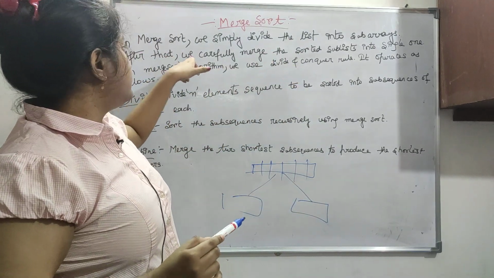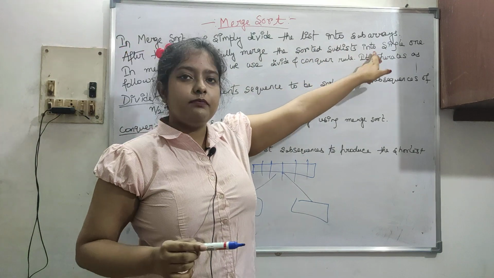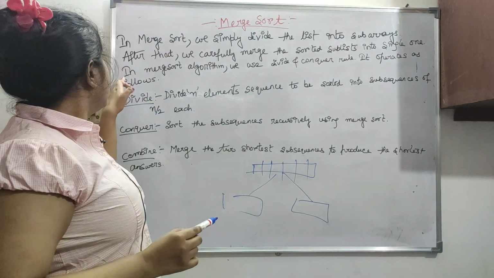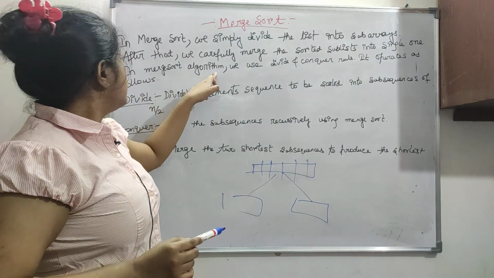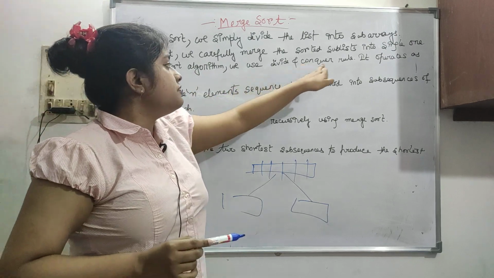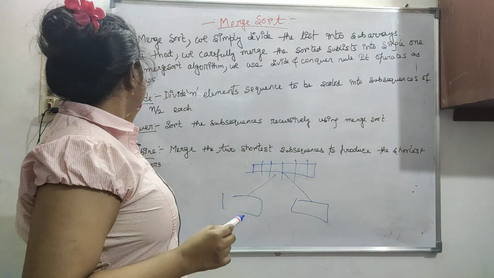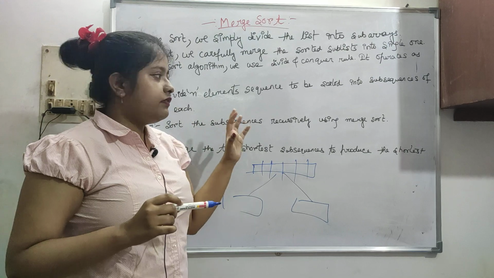After that we carefully merge the sorted sublists into a single one. In the merge sort algorithm we use the divide and conquer rule. It operates as follows. Just a bit of definition.